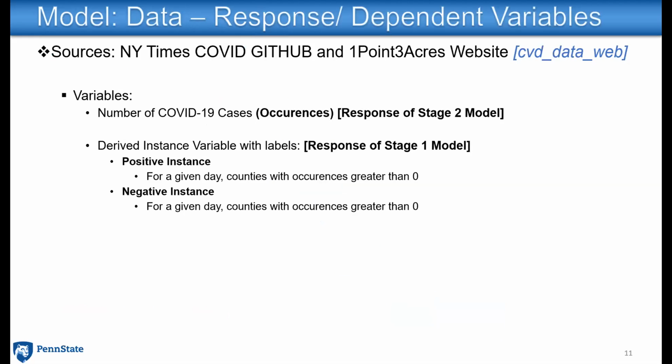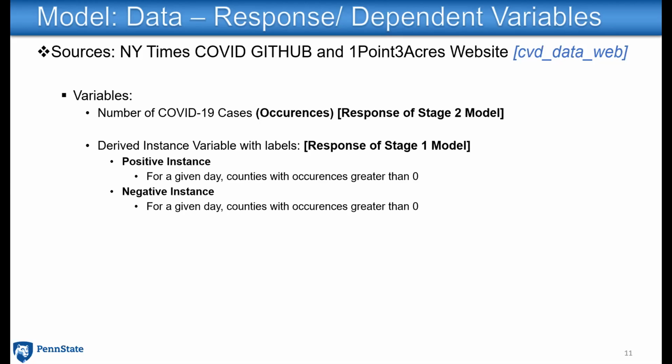Now we talked about the algorithm and the techniques. Let's look at the data that we collected. Obviously, the first thing is the response variable. That is the number of COVID-19 cases, which we define as occurrences. This is the response of our stage 2 model.